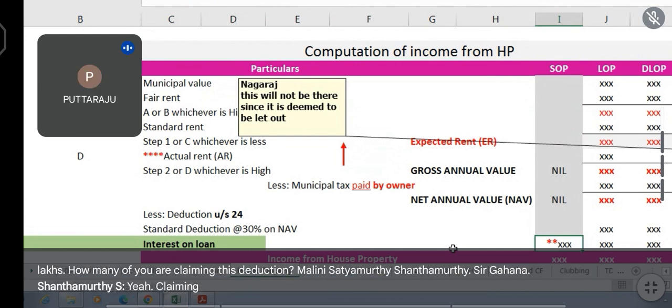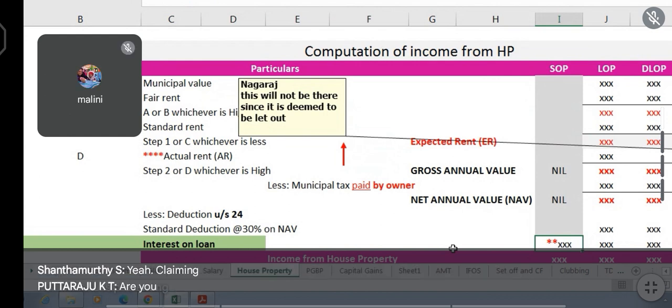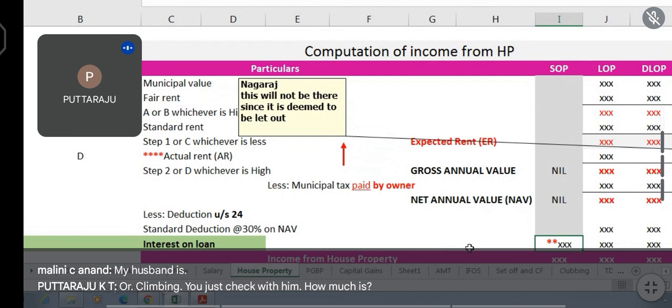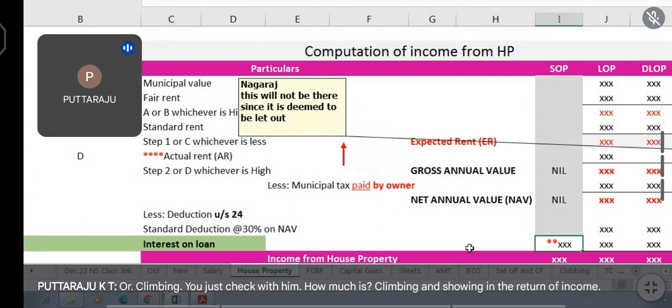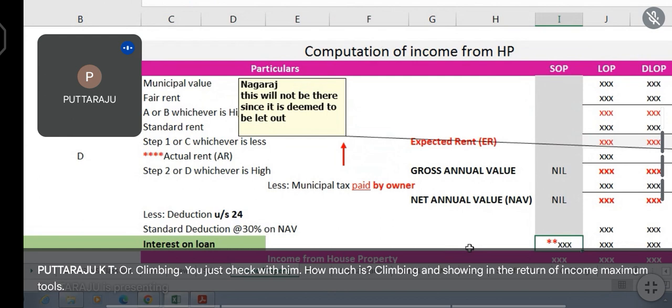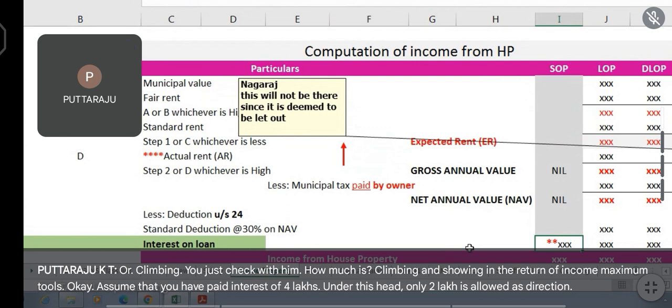Gana, yes, sir. Are you claiming, Malini? My husband is, sir. You just check with him how much is claiming and showing in the return of income. Maximum 2 lakhs. Assume that you have paid interest of 4 lakhs. Under this head, only 2 lakh is allowed as deduction.